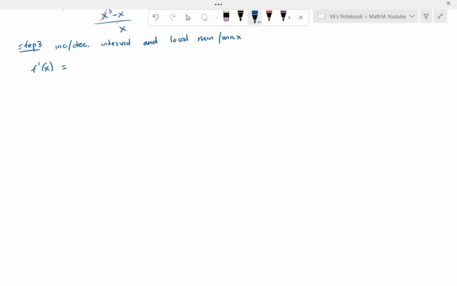It's low d high minus high d low. So low is x squared minus 1, d high is the derivative of x to the 3, minus high d low, over low squared.